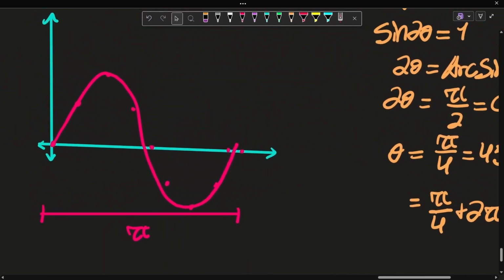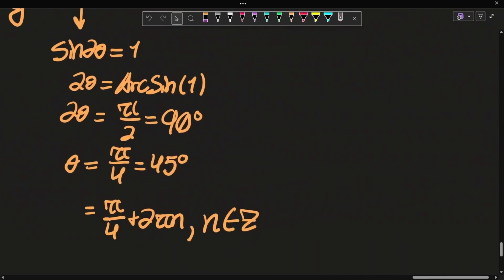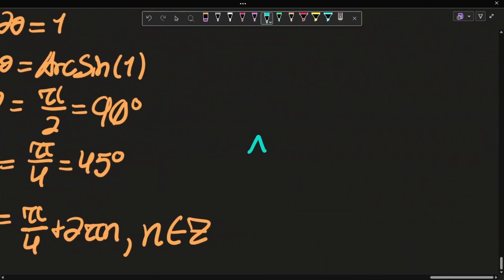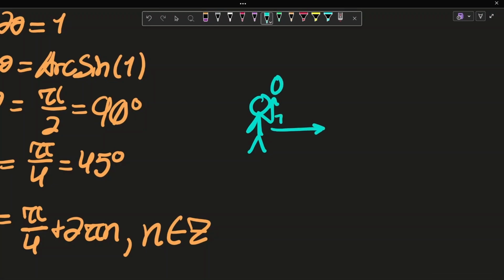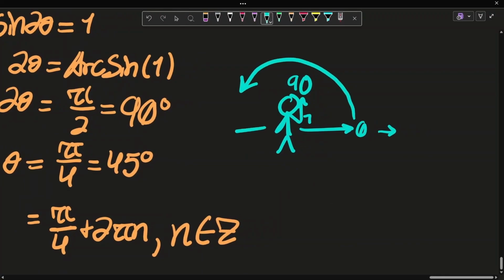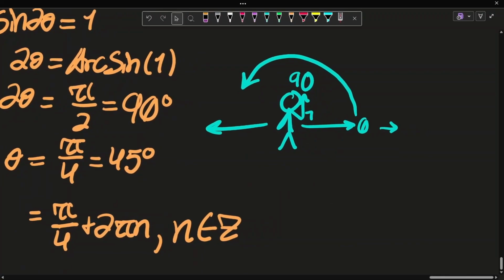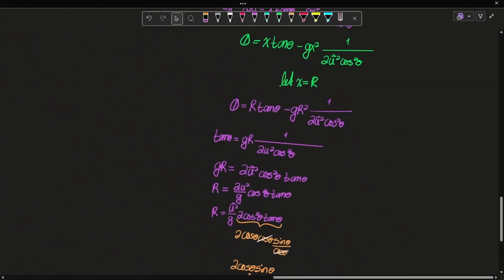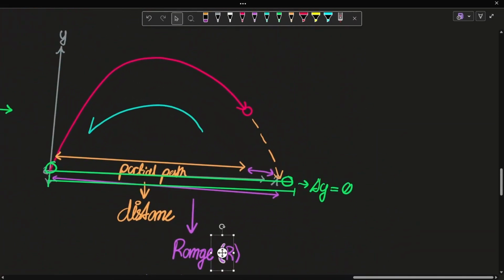Mathematically that makes sense. But looking at it from a physics perspective, if you throw a ball at 90 degrees, you're just throwing it up. If you throw it at 0 degrees, you're just throwing it straight, and at 180 degrees, you're throwing it backwards, which has no use case for us in terms of physics, because going back to the graph, we'd have to look at it in the opposite direction.